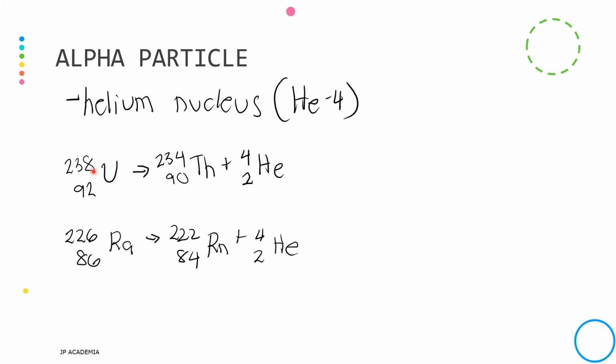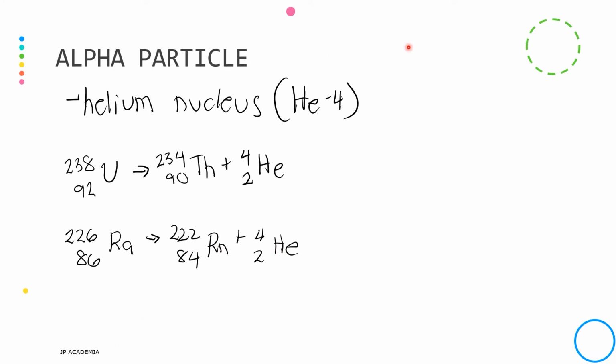First, uranium-238 decays to thorium-234 with this alpha particle. For the radium, we have radium-226 that decays to the daughter, or progeny, radon-222 plus this helium nucleus.